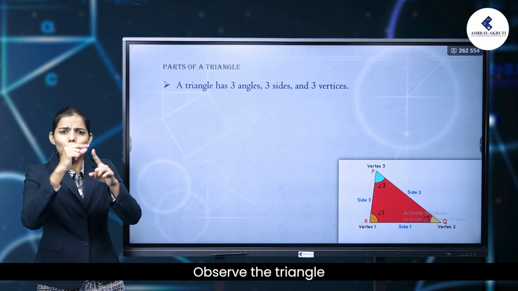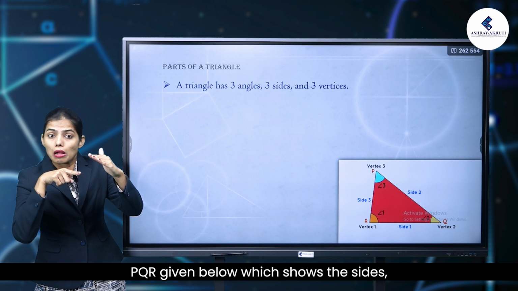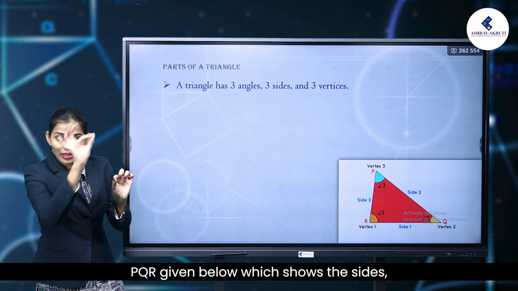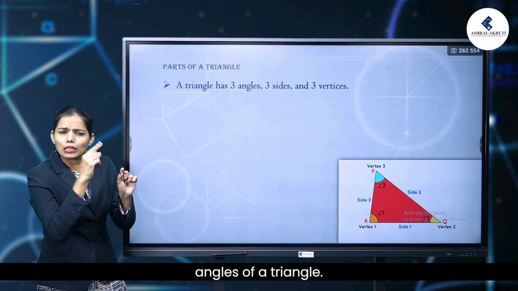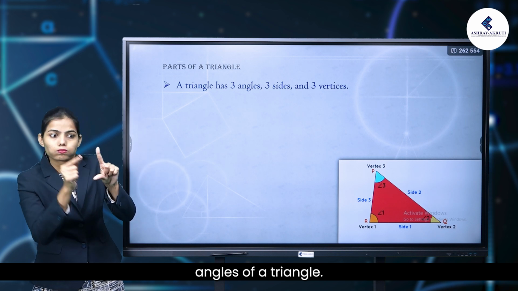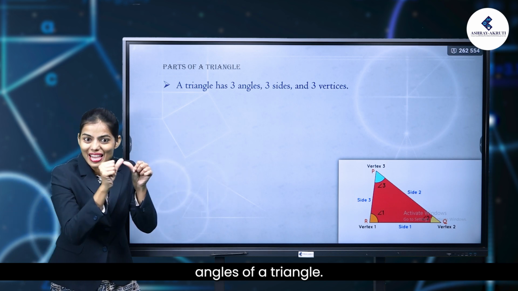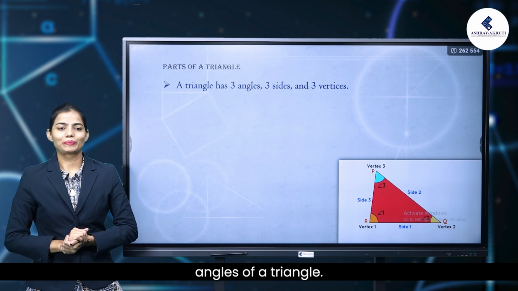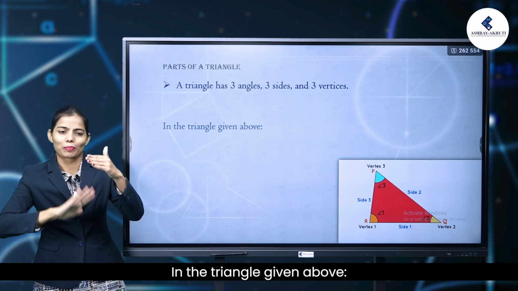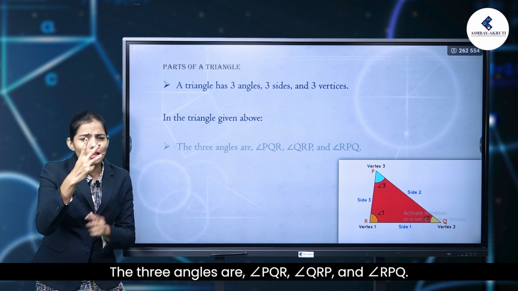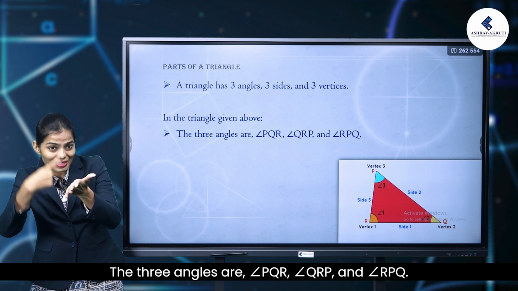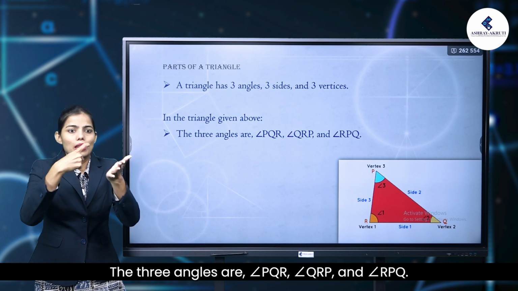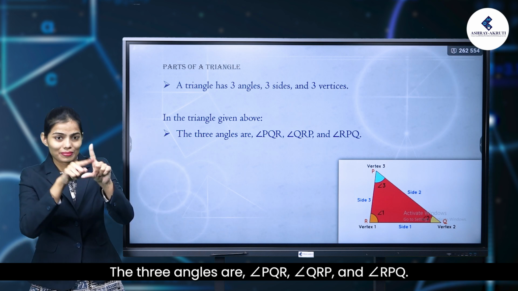Observe the triangle PQR given below, which shows the sides, the vertices and the interior angles of a triangle. In the triangle given above, the three angles are angle PQR, angle QRP and angle RPQ.